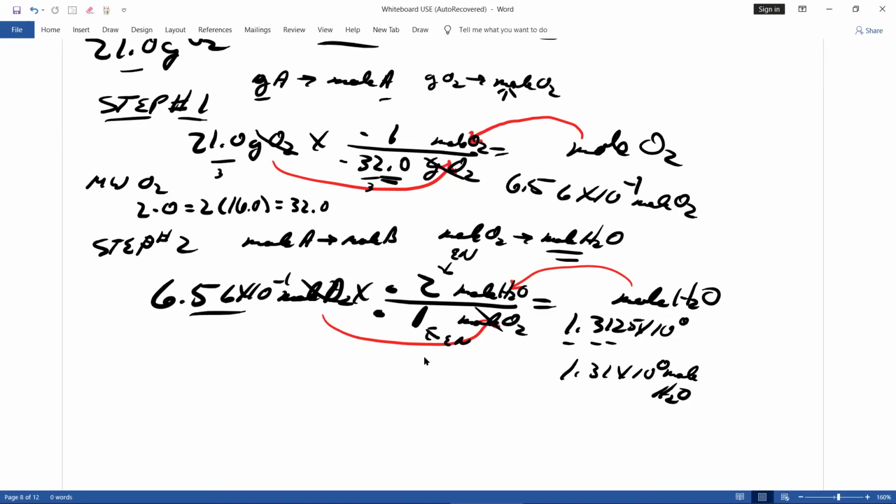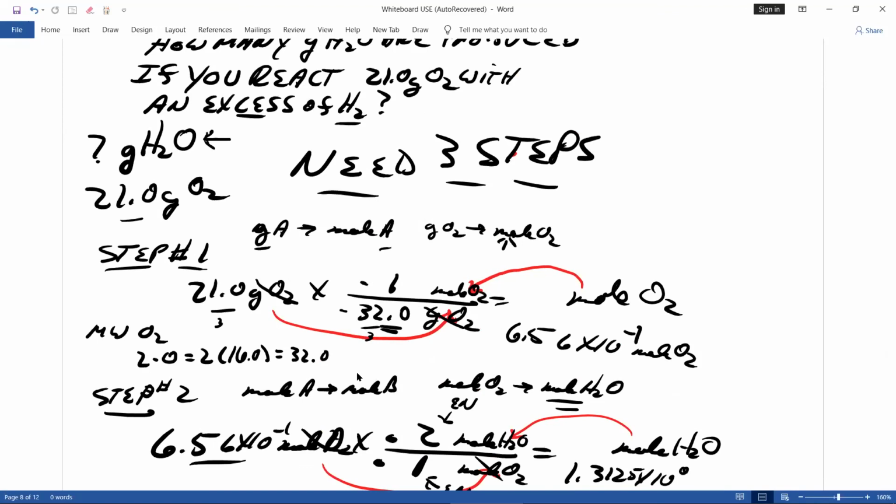This is step 2. Am I done? Well, I've got moles of water, but I'm trying to get to grams of water.